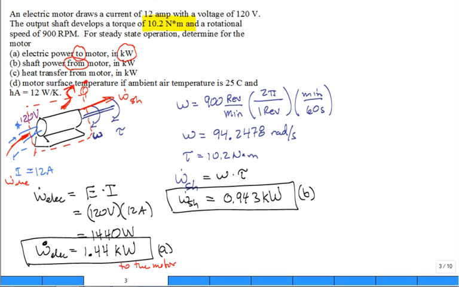And so from a conservation of energy, we would say the rate of change of energy in that system that surrounds the motor, with respect to time, is equal to the rate at which electric power is coming in, minus the rate at which it goes out as shaft power, minus the rate it goes out with heat transfer off the surface.